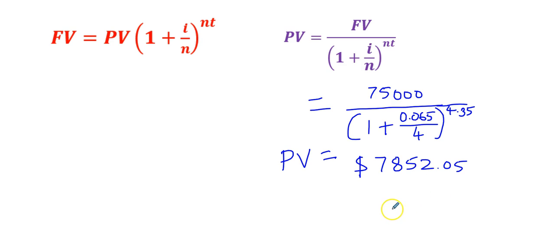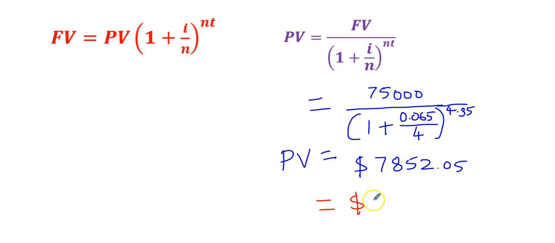If you round it to the nearest $100, it is 7,000 instead of 7,852.